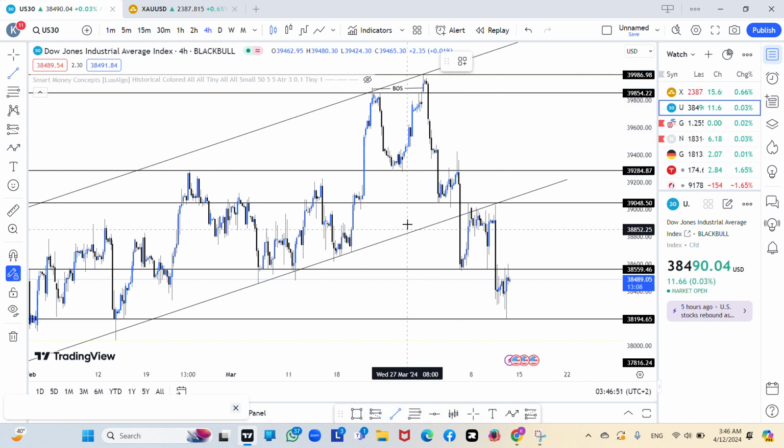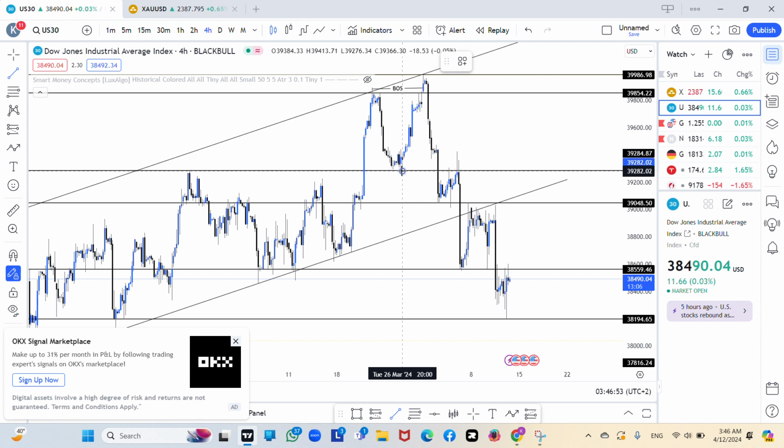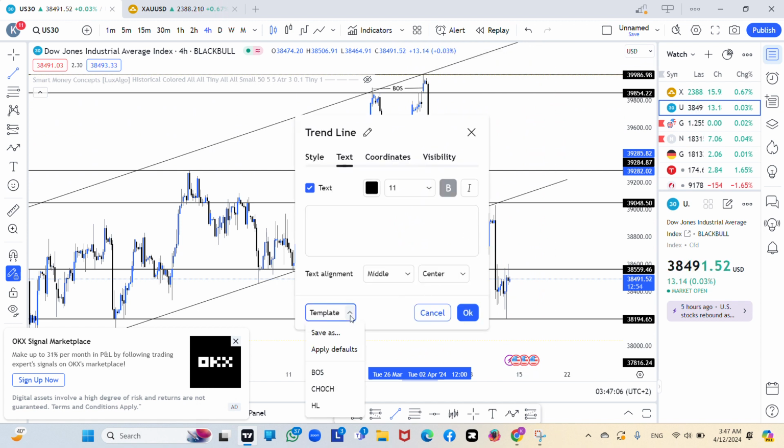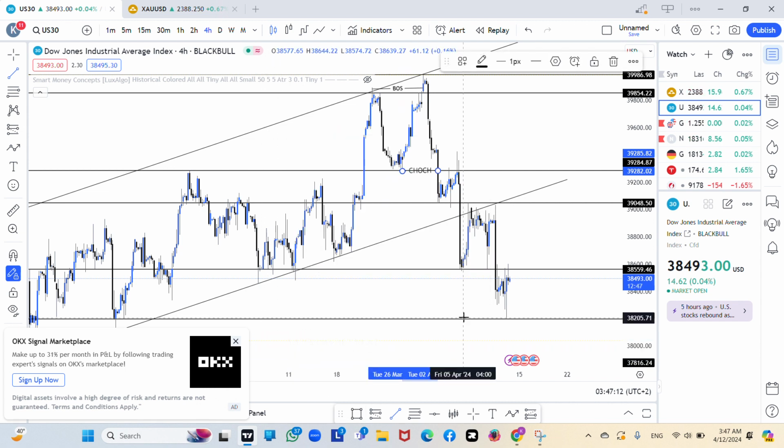So as soon as prices broke our last higher low, my sentiment changed. I was no longer looking for buys, but I was looking for selling opportunities because of the change of character that we had. So guys, it's important to know what the market structure tells you.